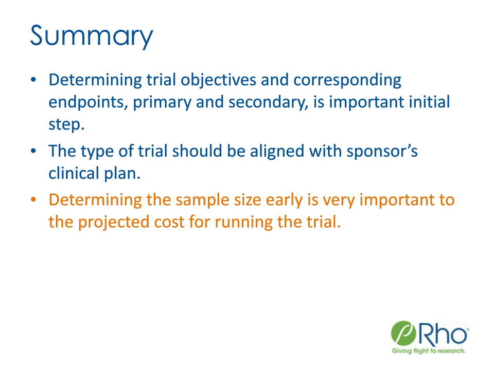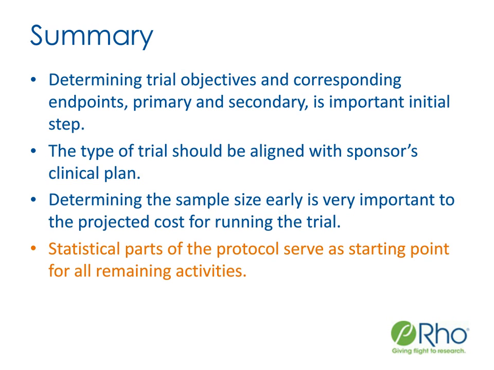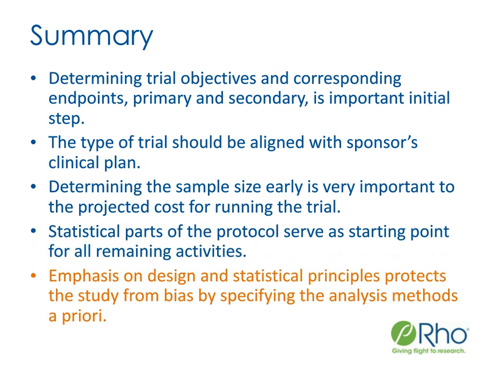Statistical considerations for a clinical trial drive many trial activities, including sample size calculation and data collection and data cleaning procedures. And in order to reduce bias, all analyses should be pre-specified.